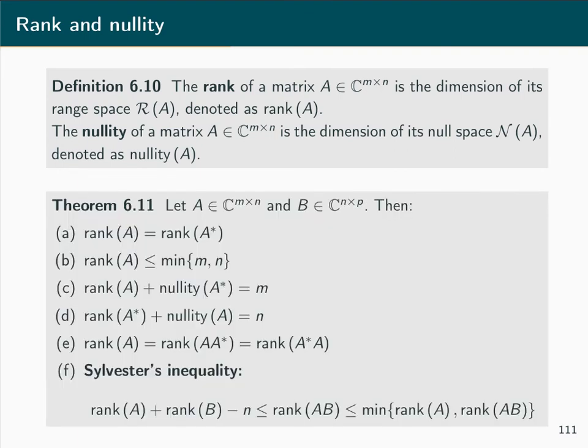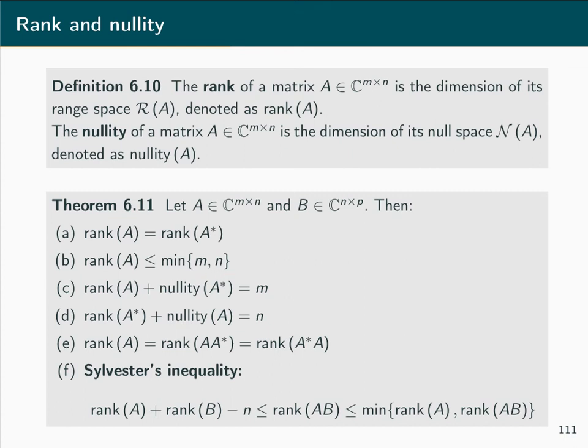For some important properties of the rank and the nullity, we have theorem 6.11. Let A and B be two matrices of appropriate dimensions. Then A, the rank of A equals the rank of A star. B, the rank of A is less than or equal to the minimum of its dimensions m and n.